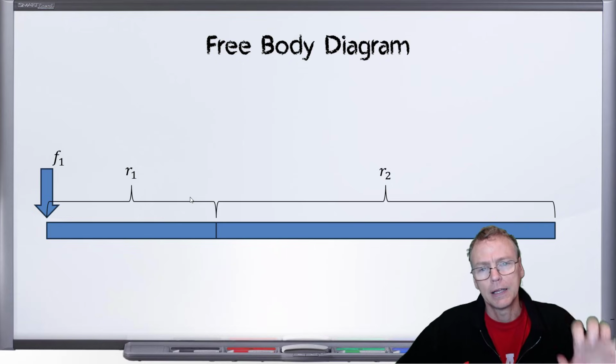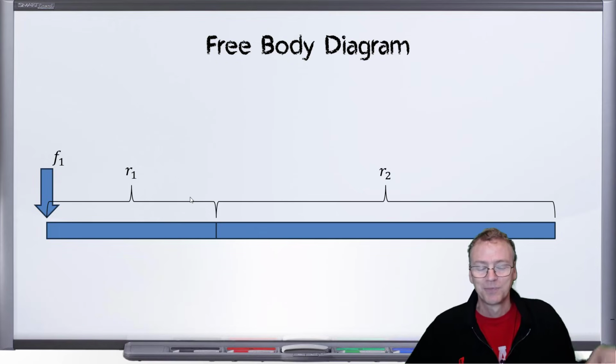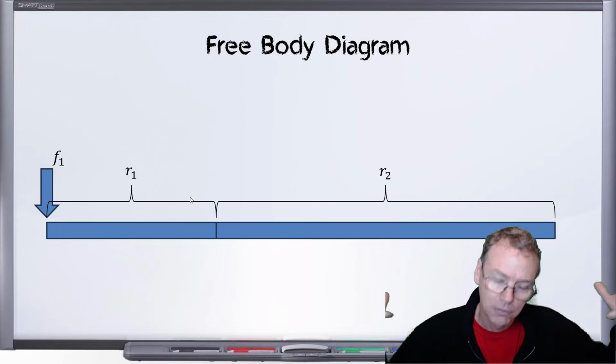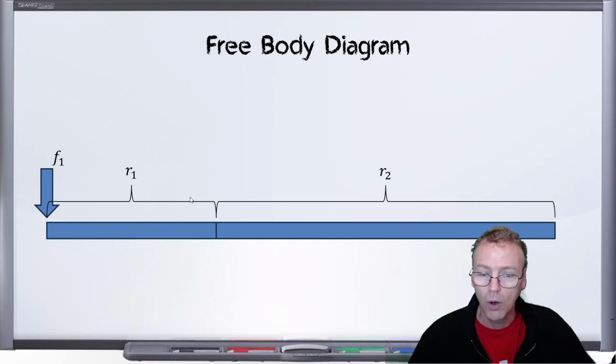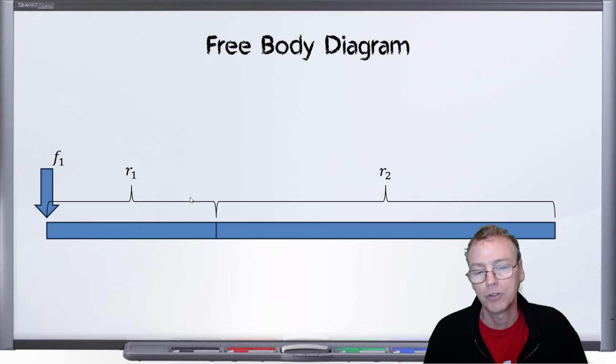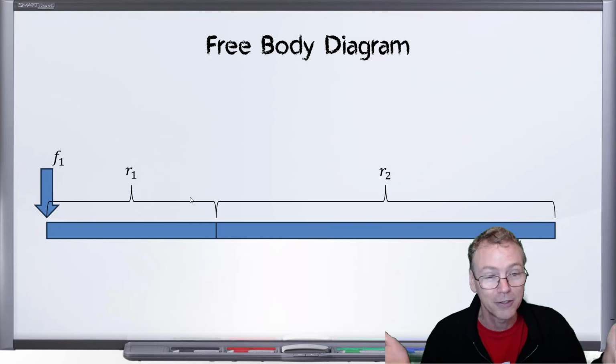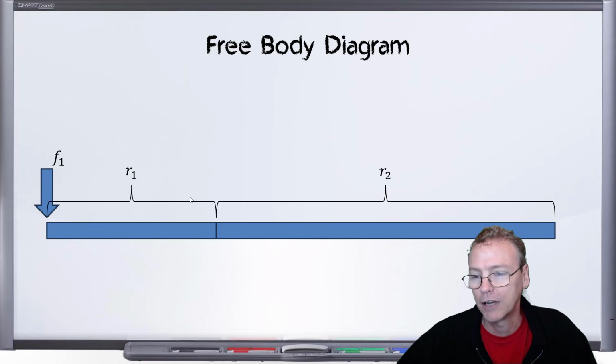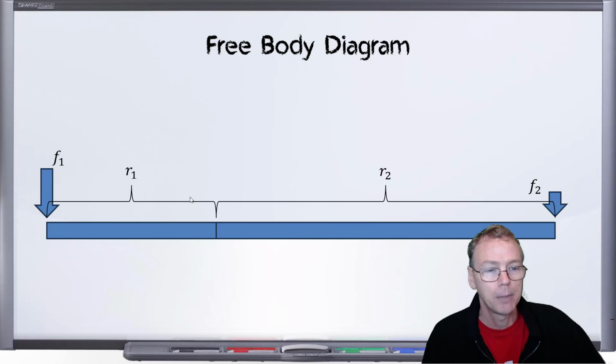So if the free body is not accelerating, and it is not, has no angular acceleration, has no linear acceleration, then all the forces acting on it must balance perfectly. And we can use our free body diagram to count up what all the forces must be to make that happen. So we know that I'm applying a force on the one end, and I put a mass on the other end.